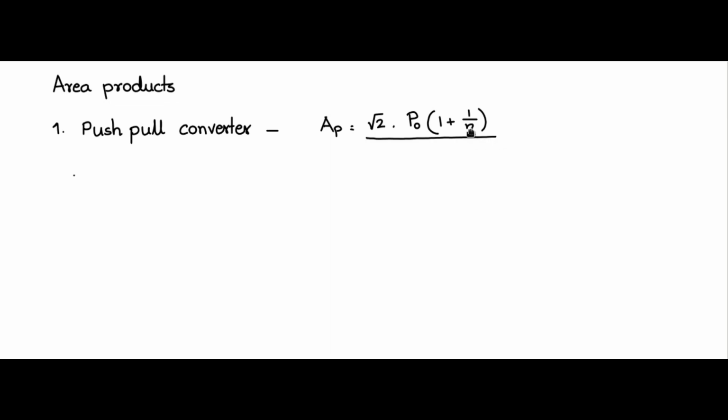Here efficiency is taken to be 0.8, worst case, so efficiency will always be better than 0.8, and the denominator has 4 kW, window factor, J current density, which is 3 into 10 to the power of 6 ampere per meter square, Bm for ferrites, it's 0.2 Tesla for the transformer, and then F as the switching frequency. So this is the area product for the push-pull converter.